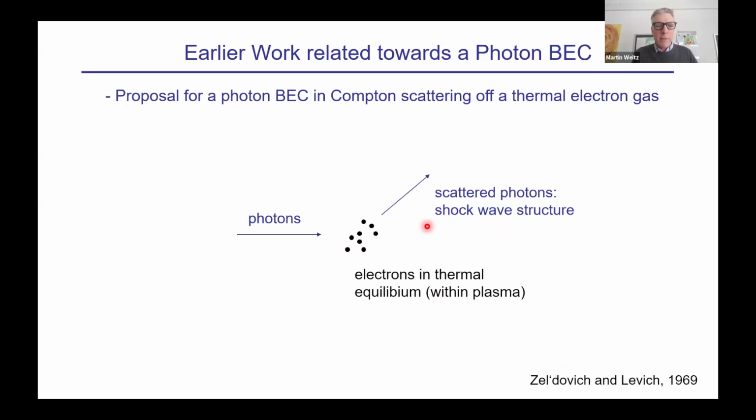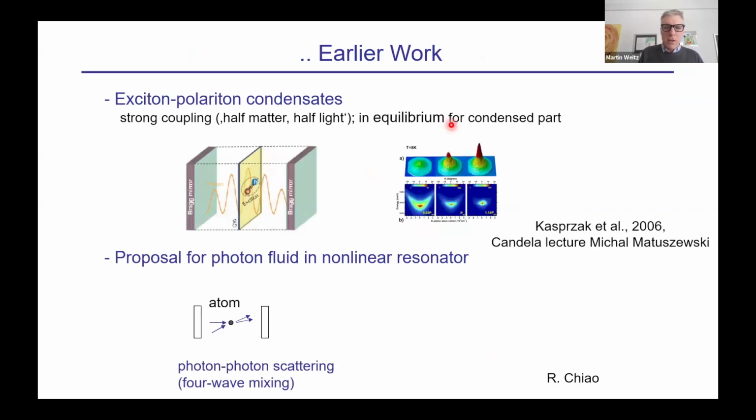What does work experimentally is, of course, Bose-Einstein condensation of exciton-polaritons, which operate under strong coupling, also in parentheses, half matter, half light.